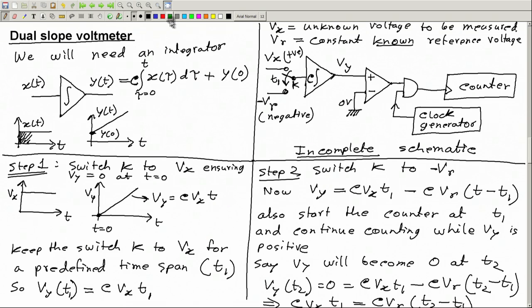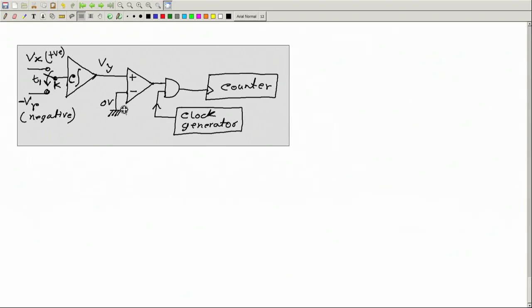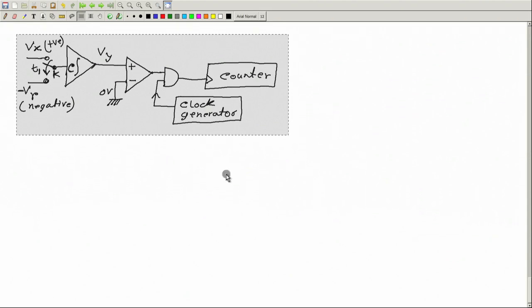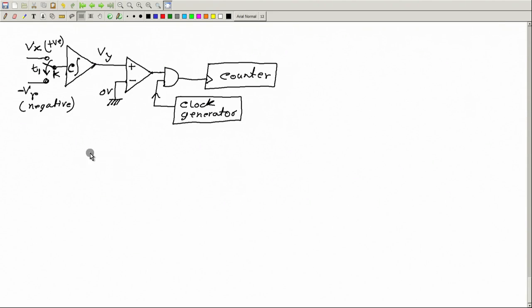So, let me take it from here to here. Just you see what we do.